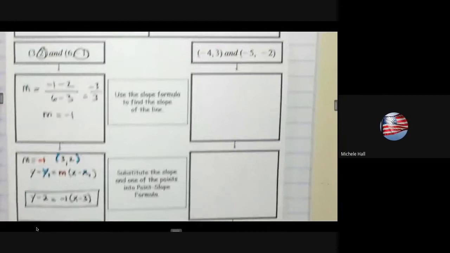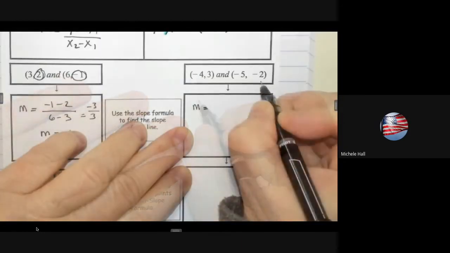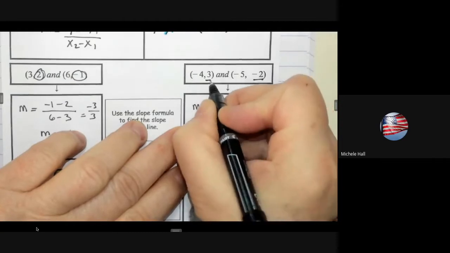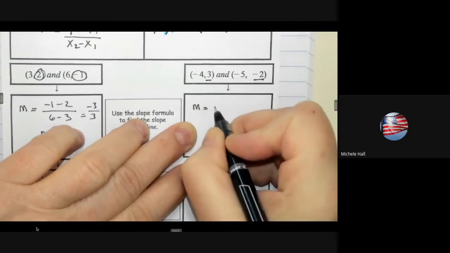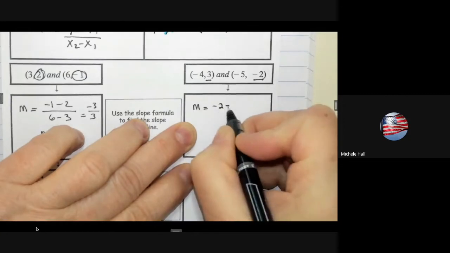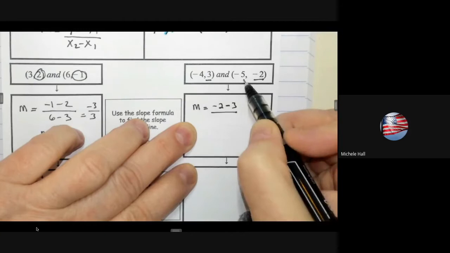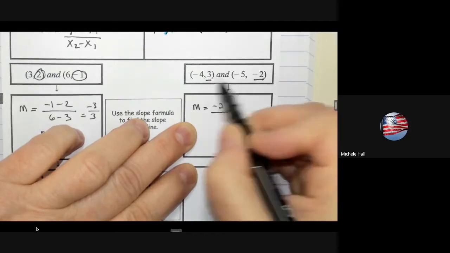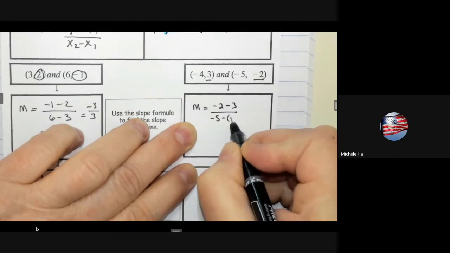Let's try another example. The first thing that we're going to do is find our slope. So we have -2 and 3 for our y values. So -2 minus 3, and then we have -5 minus -4.